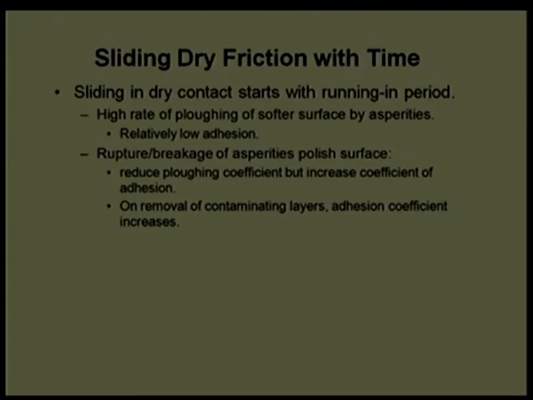What is the meaning of that? At the start there will be some coefficient of friction, but that will change. That will be different than the steady or kinetic coefficient of friction. So, there is a slight confusion in terminology. When we say static coefficient of friction, that is at the start, before running-in time.